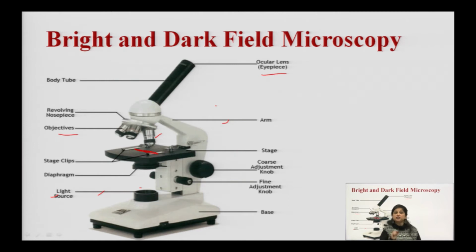But if the image is transparent, the whole light will pass through the glass slide, and the image is also similar to the glass slide, that is also transparent in nature. We won't be able to see or differentiate that image with the help of the eyepiece. That is why the bright field microscope will not work for species which are transparent and not colored.